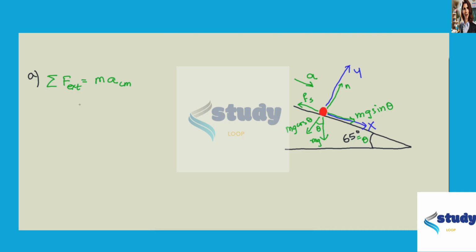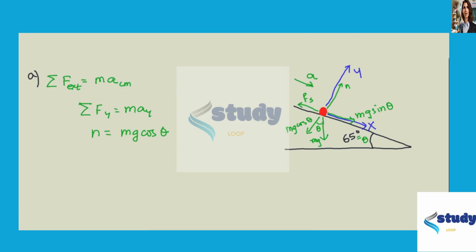So along the y-axis, we have Fy, which is equal to m times ay. From there, we have N equal to mg cosine theta. So that's the normal force, which is counterbalanced by the cosine component of mg.